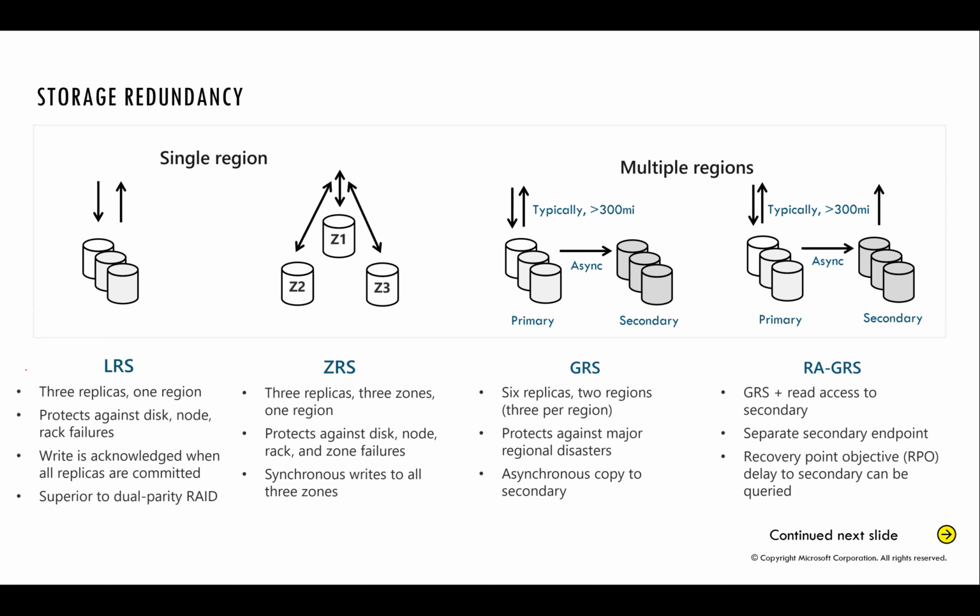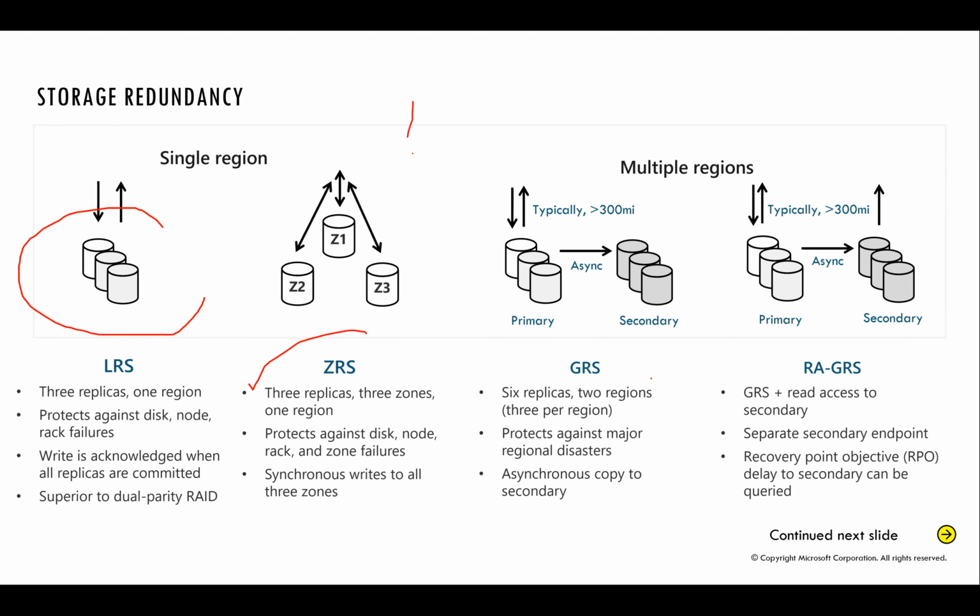Number one that you have is locally redundant storage. And what locally redundant storage does is to create 3 copies of your data, or 3 copies of your storage account, within a single data center.